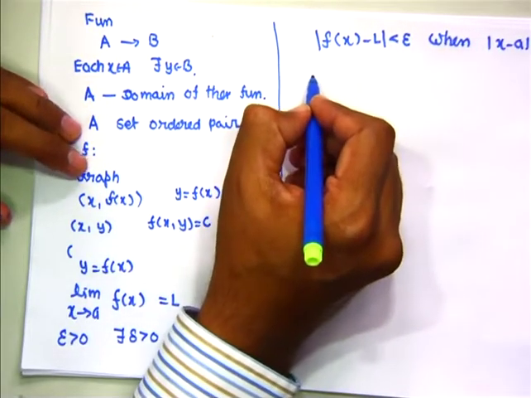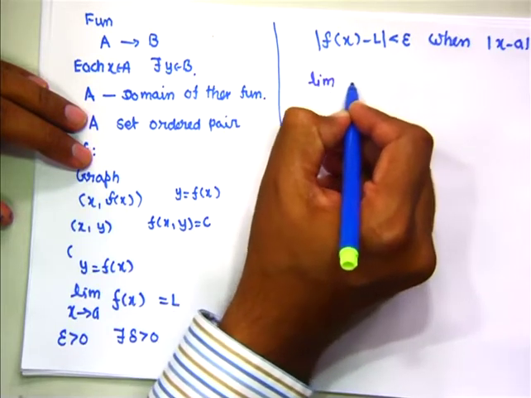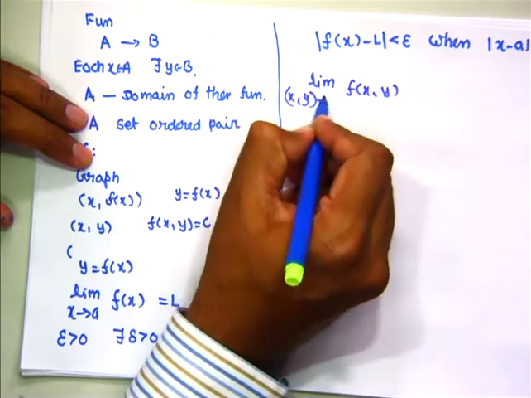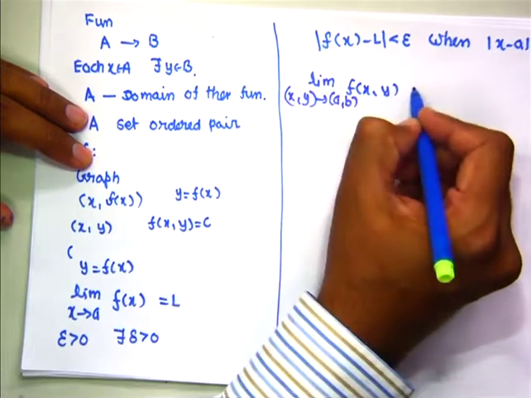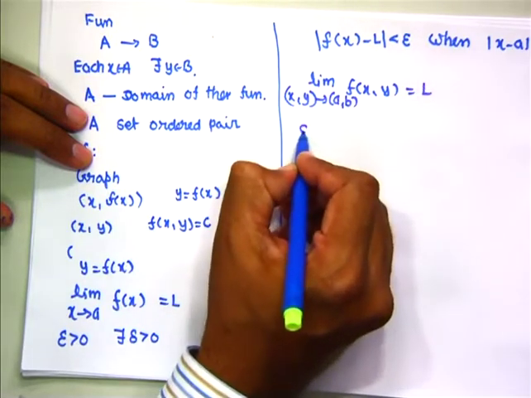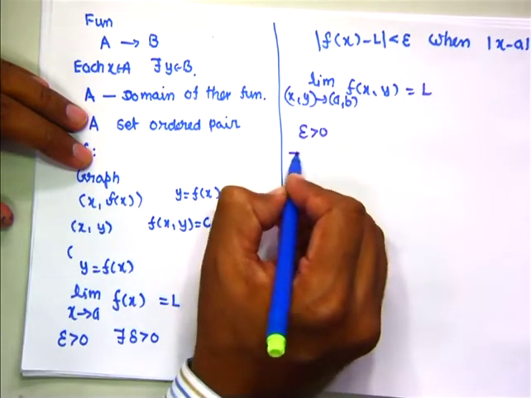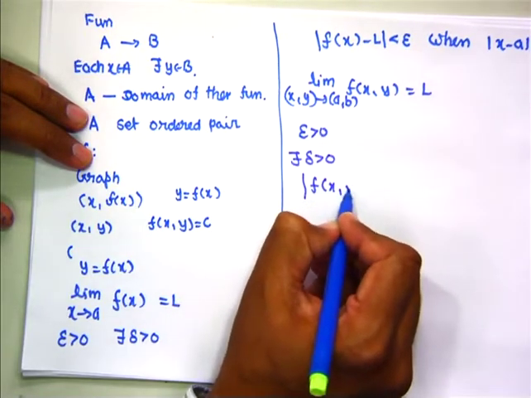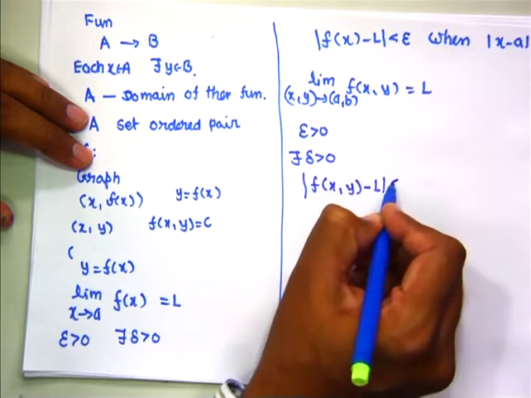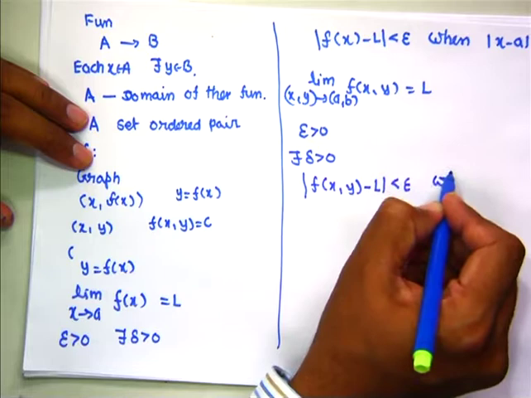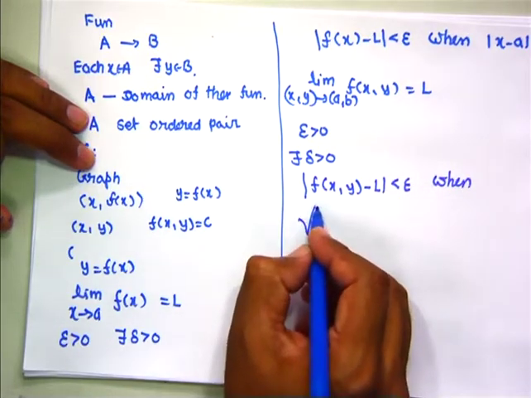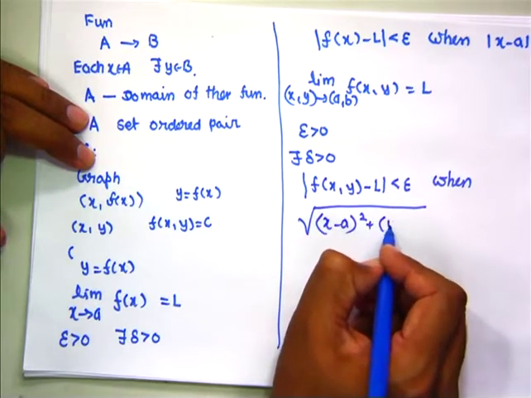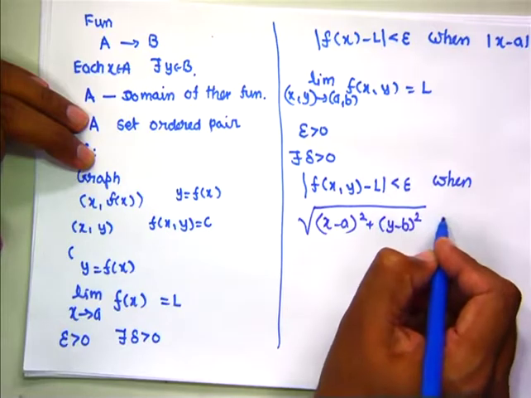If the function is of two variables, then we say that the limit of f(x, y) as (x, y) tends to (a, b) is equal to L if for a given epsilon greater than 0 there exists delta greater than 0 such that the absolute value of f(x, y) minus L is less than epsilon when the square root of (x minus a) squared plus (y minus b) squared is less than delta.